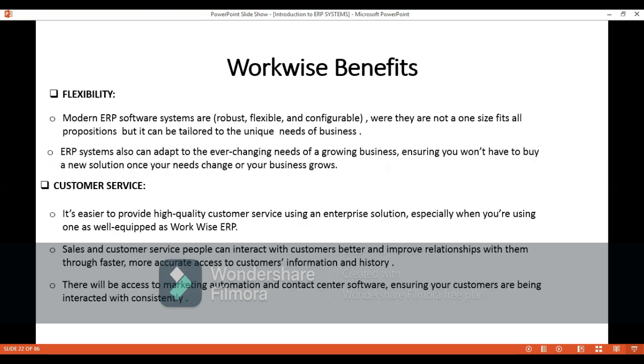Flexibility: you're going to have an automated system, so everyone will feel flexible in how they work with the system, and you'll be able to adapt as the business grows from time to time.